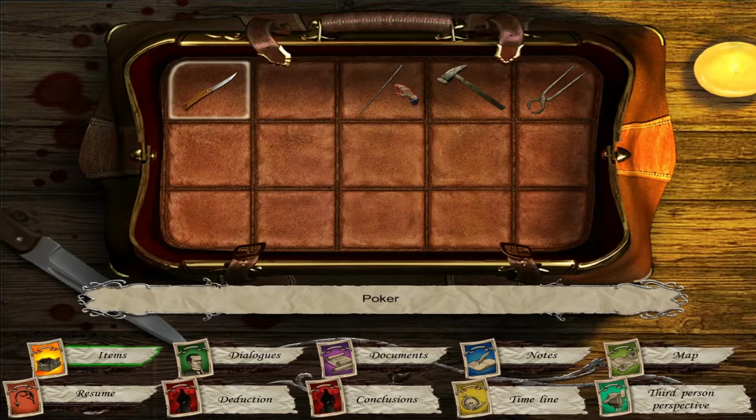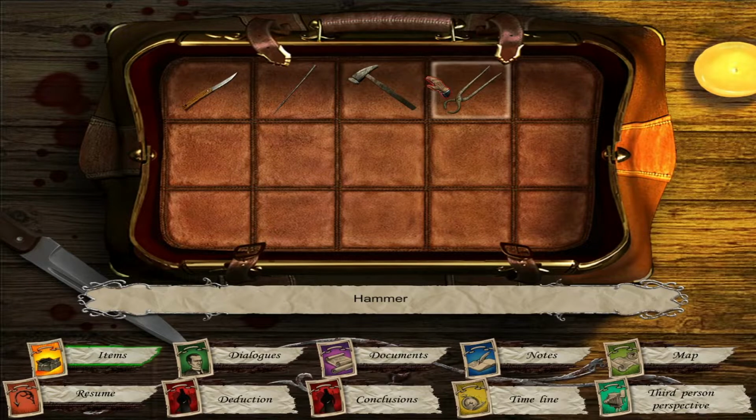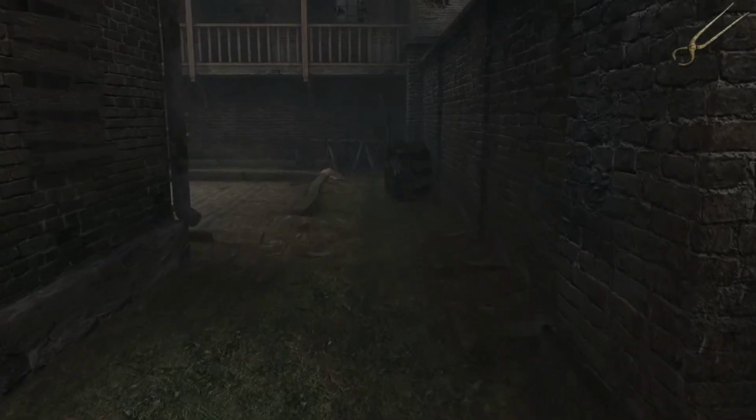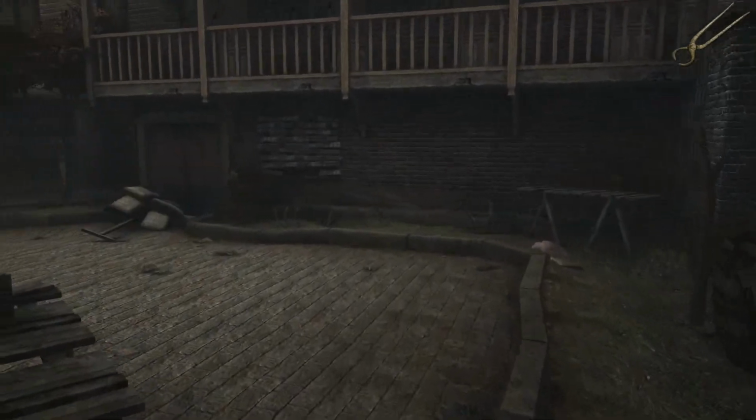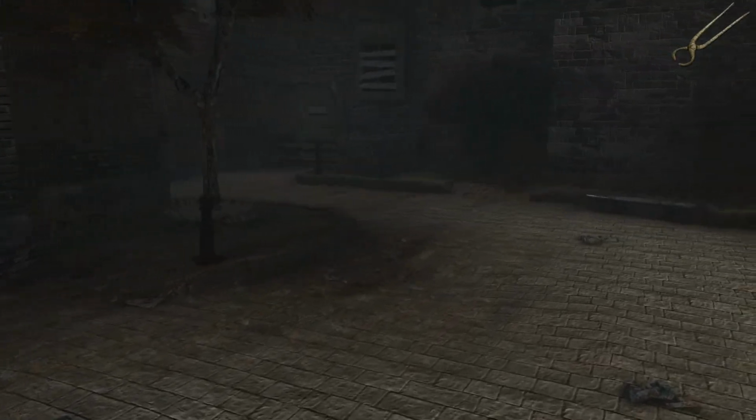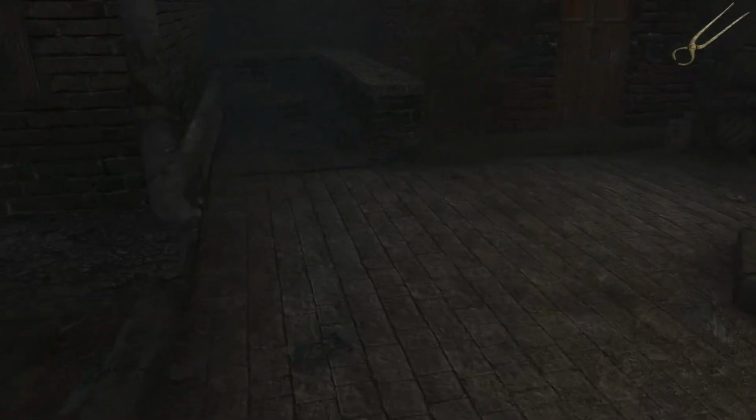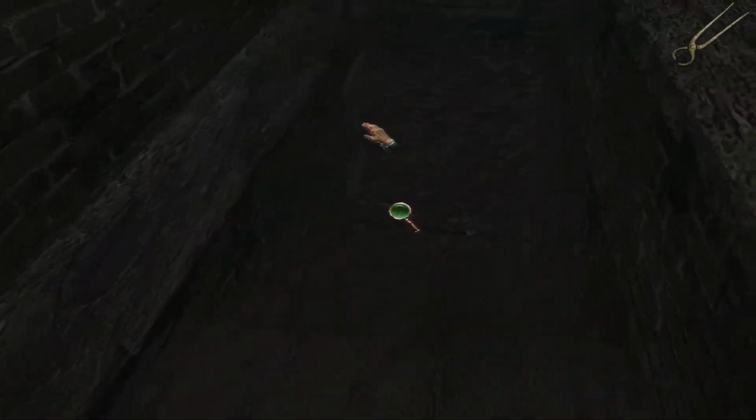What am I missing? I have only poker, hammer, and pincers. What else am I missing? Apparently I'm definitely missing something. But what? Anything inside here I might need?